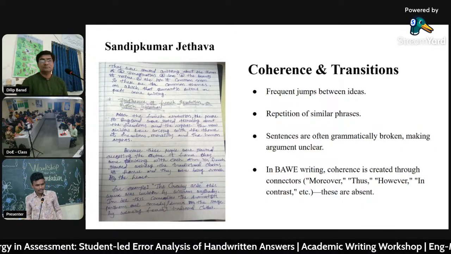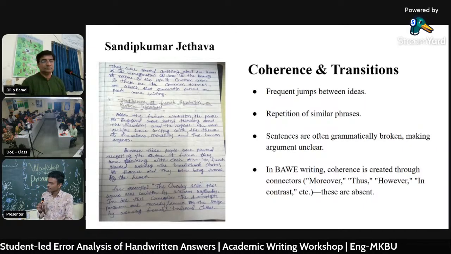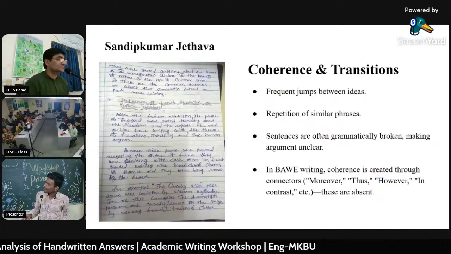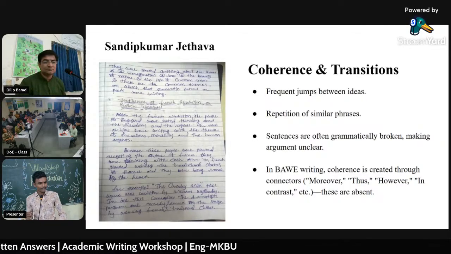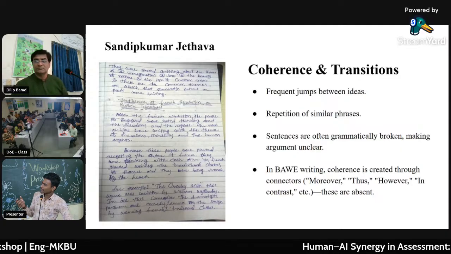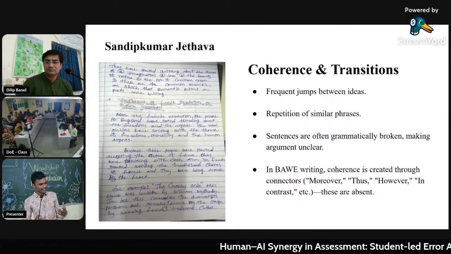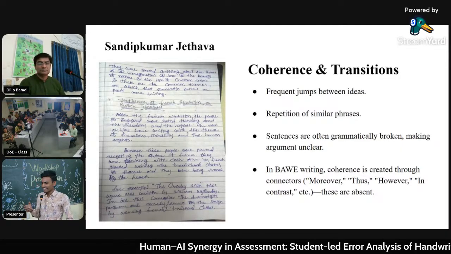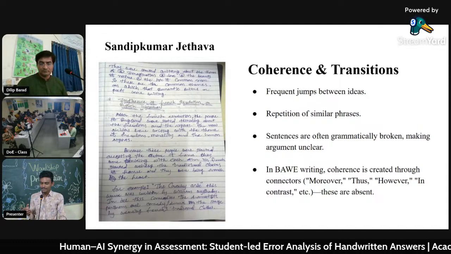So here is my answer, which I wrote in my internal examination, and these are my weaknesses. What I have done in my answer: frequent jumps between ideas without providing any background, and repetition of similar phrases.